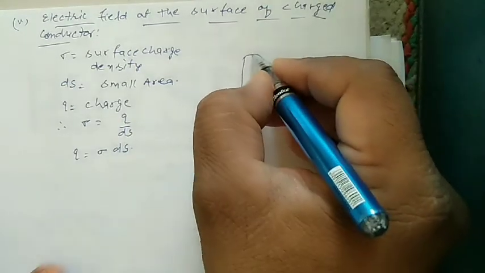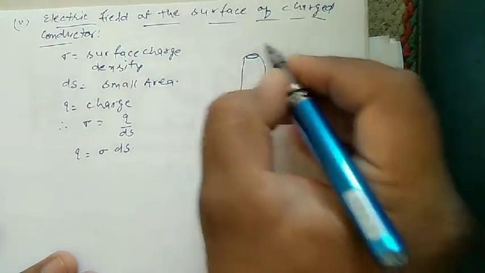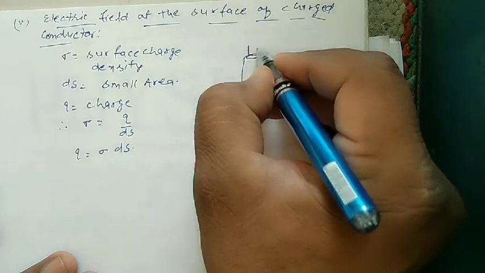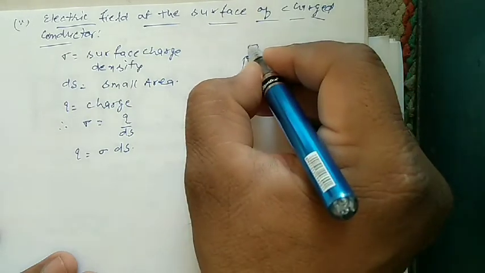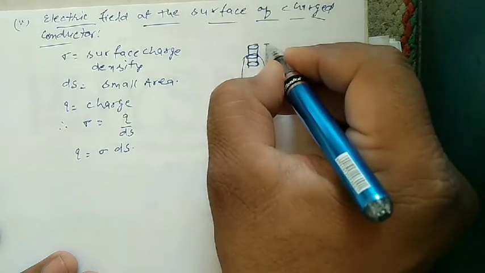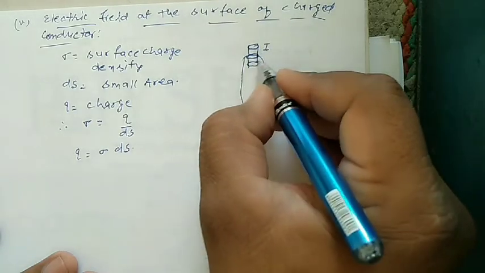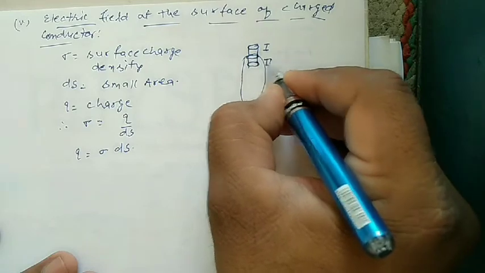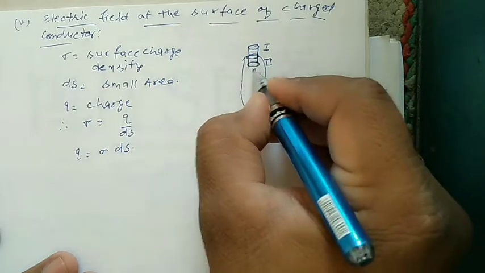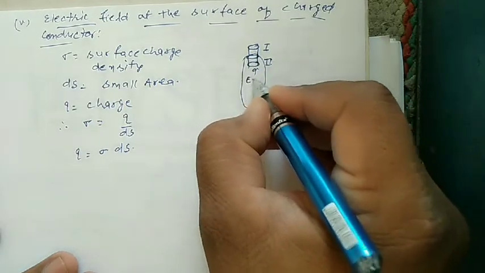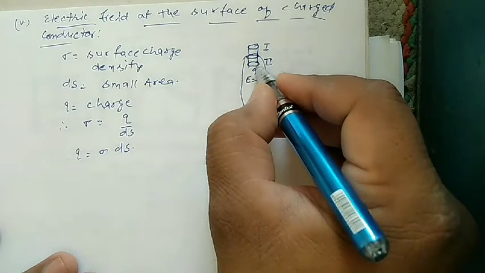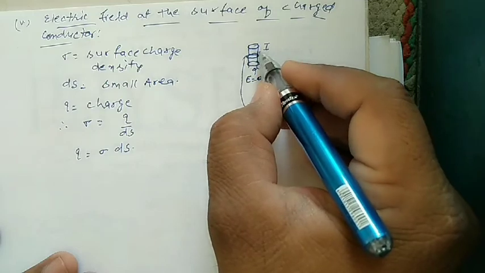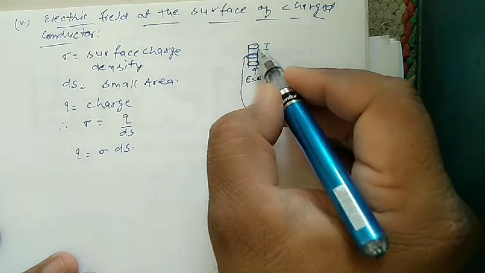Now for this small area ds, if we draw the Gaussian surface, then it is cylindrical and it has two components. This is first outside the surface, this is second inside the surface, and we know inside electric field is 0. Due to second part, electric flux will be 0. Now we can calculate the electric flux through the first part.